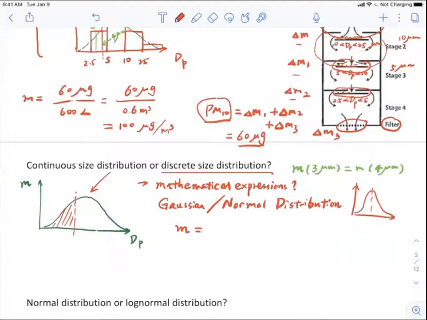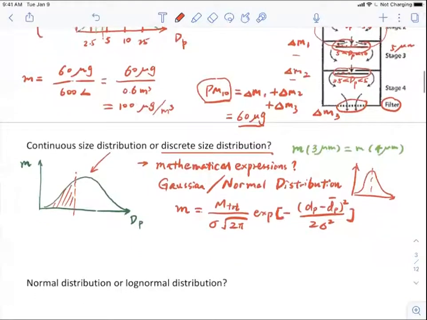The Gaussian distribution has the form of m total divided by sigma square root of 2 pi, and then exponential of minus dp minus the mean, and so on. Okay, so this is the equation of the Gaussian distribution or normal distribution.